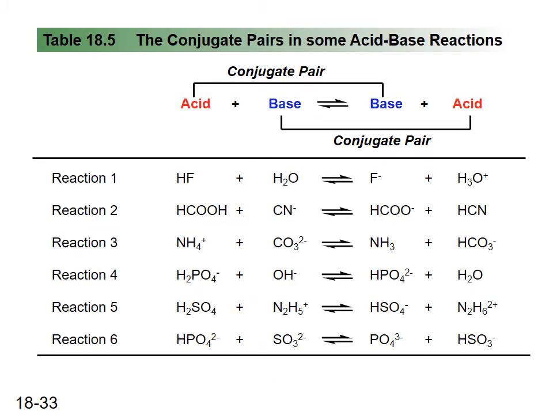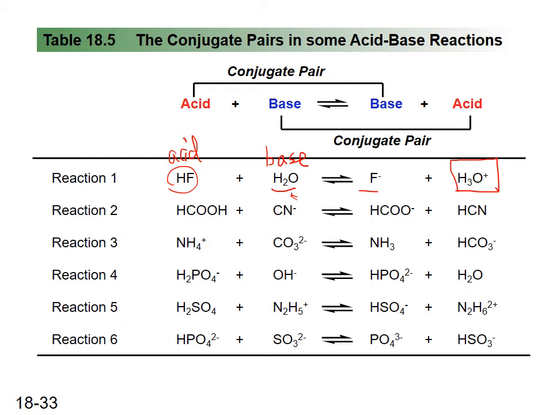Here are some examples of conjugate pairs in acid-base reactions. In reaction 1, hydrogen fluoride donates a proton to water to give fluoride ion and hydronium ion. Because hydrogen fluoride donates a proton, it's an acid, and water accepts the proton, so it's a base. In the reverse reaction, hydronium ion donates the proton to fluoride to go back to water.